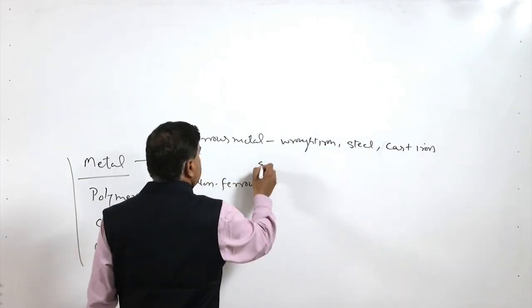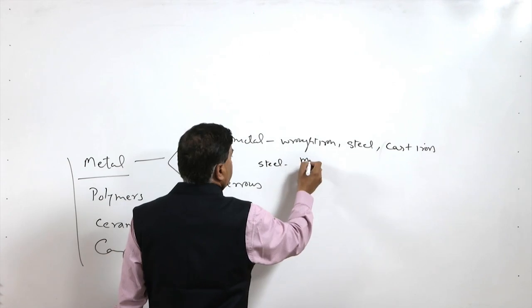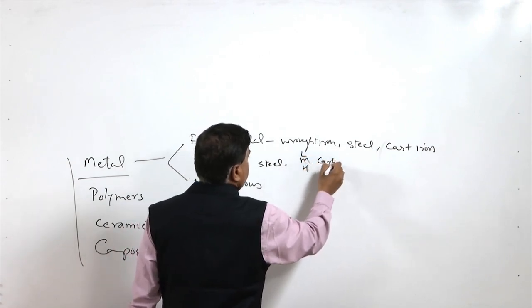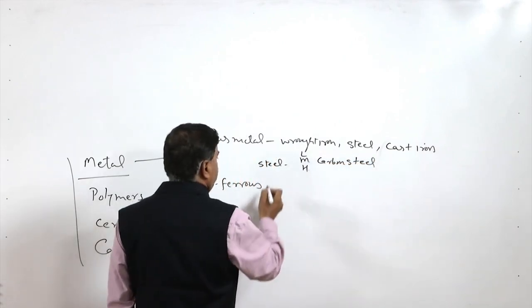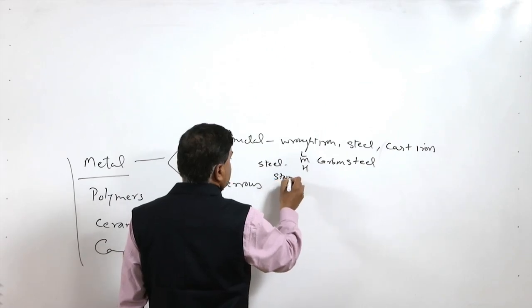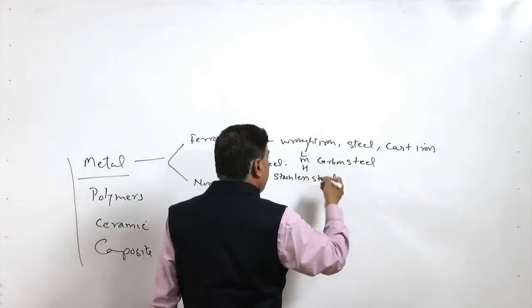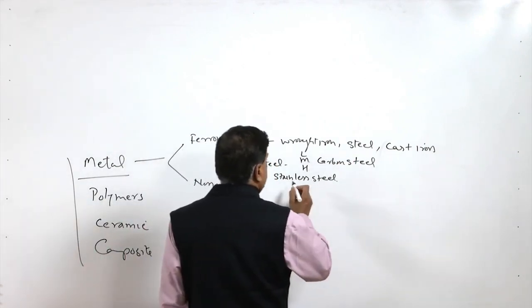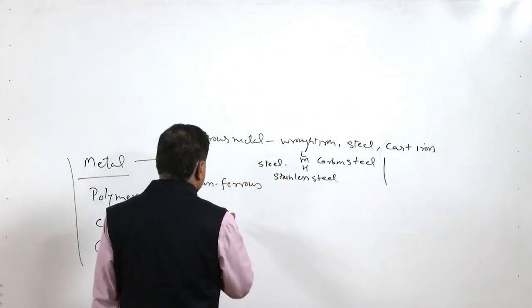And in the steels, which are extremely common, like low, medium and high carbon steels, and the stainless steels, and there are a number of categories in each of the categories of the steels.